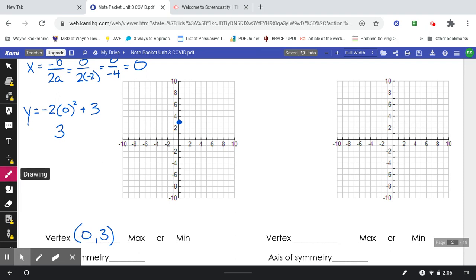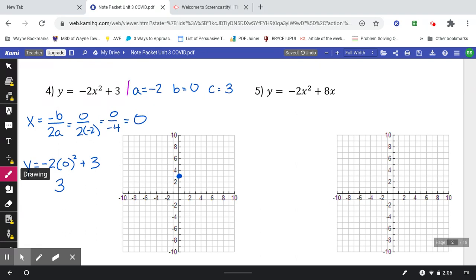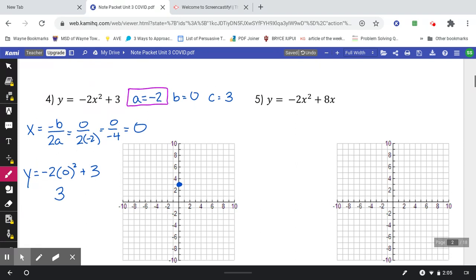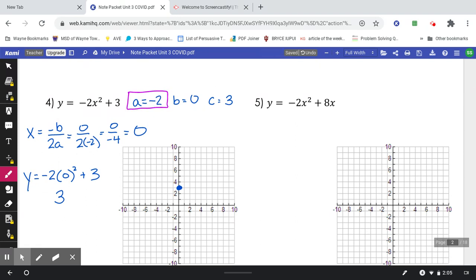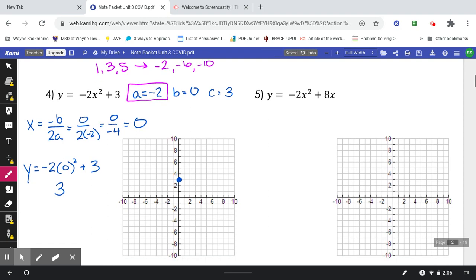Then let's figure out our pattern. My A is negative 2, so I need to take my pattern 1, 3, 5 and multiply each of those numbers by negative 2. It'll turn into negative 2, negative 6, and negative 10. It's going to make a very skinny parabola that's upside down.